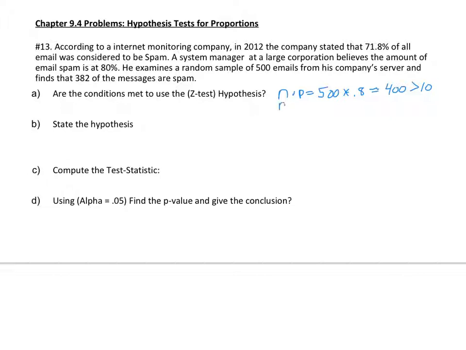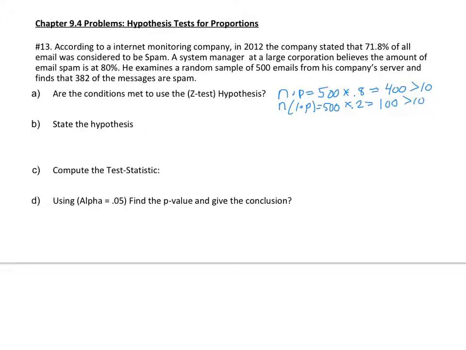And n times 1 minus p is 500 times 0.2, which is equal to 100, which is greater than 10.